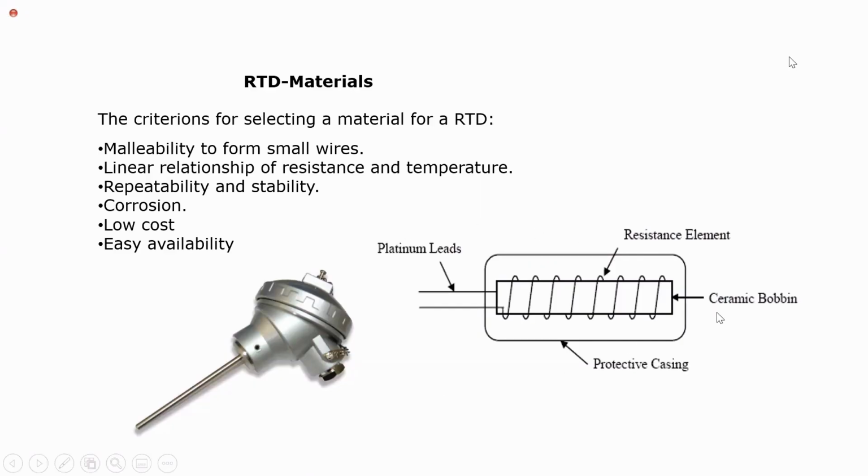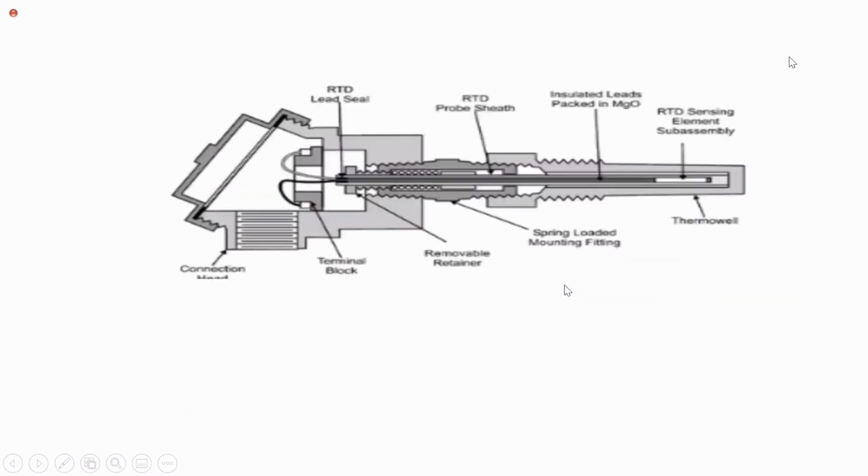This is the internal structure of the RTD. In this pipe, we have a ceramic bed with wire wound on the ceramic bed. This is the construction of the RTD.